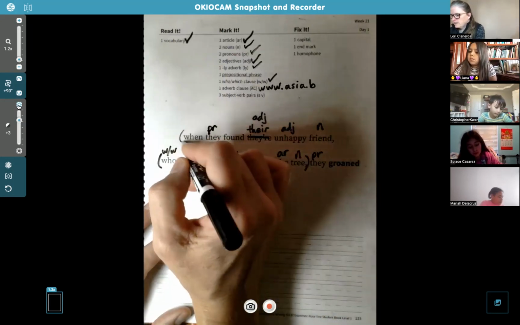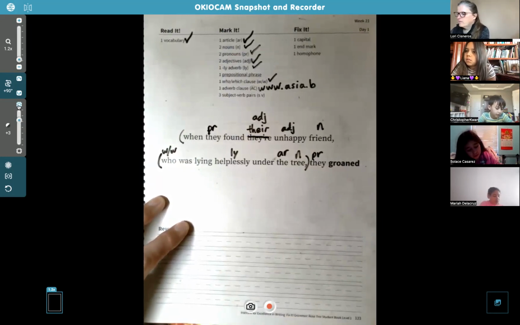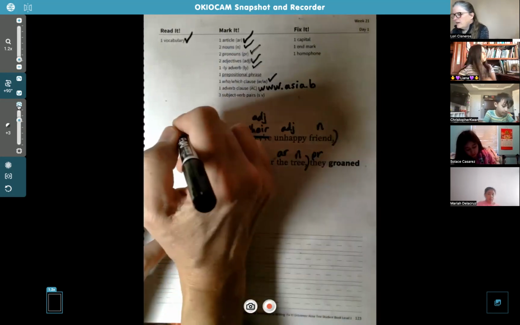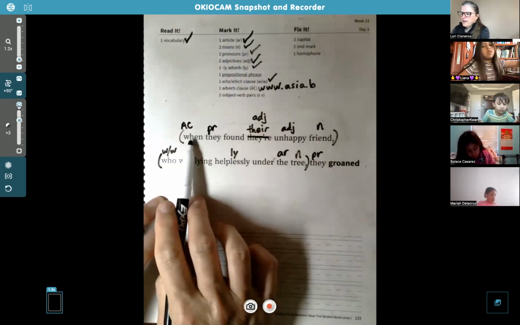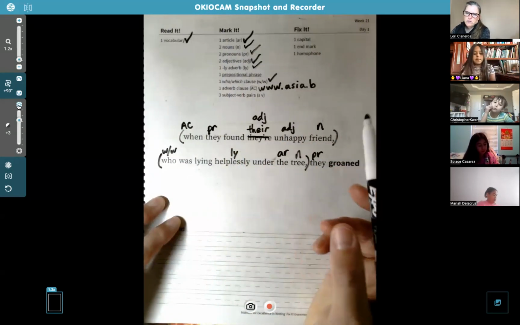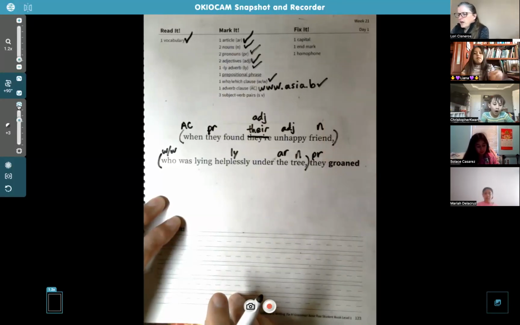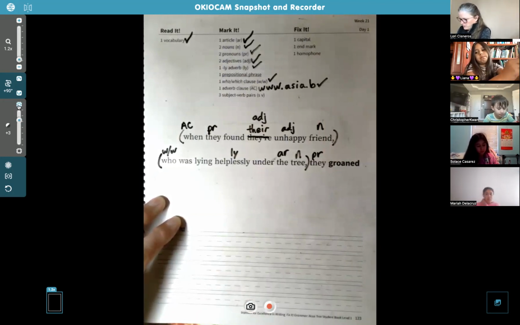Good. What's the whole clause? You can read the whole clause. They found the unhappy friend. Good. That whole first part of the sentence right there. And we're going to label it with AC because when is one of the W's in WWW.ASIA.B. That's good. Now we've got subjects and verbs to look for. So Lacey, where are the verbs? Let's start with those, the action words.